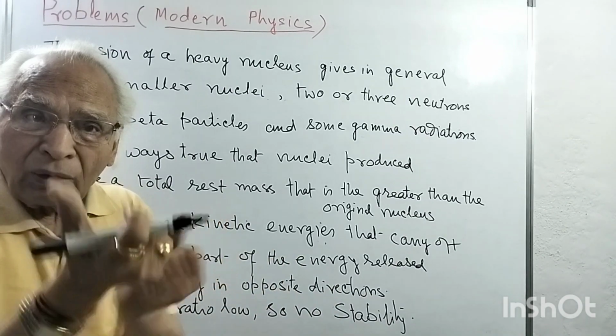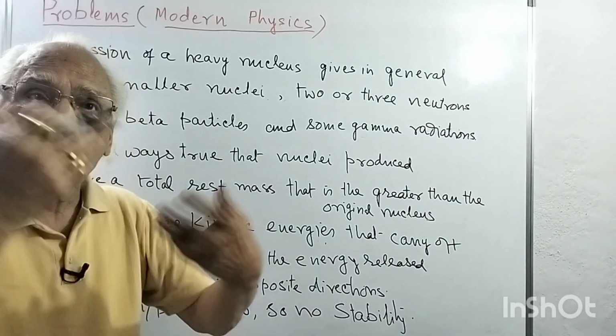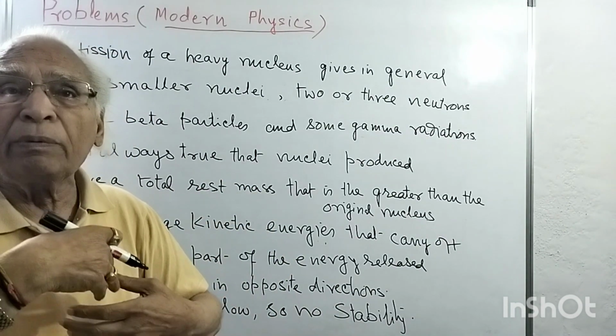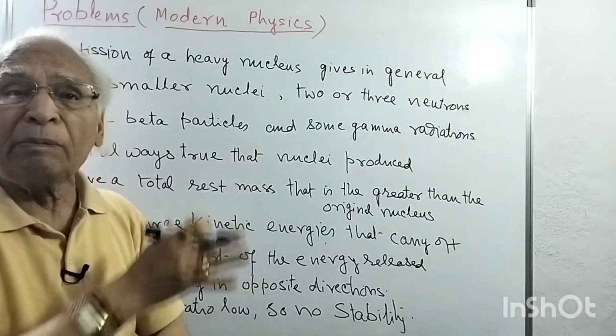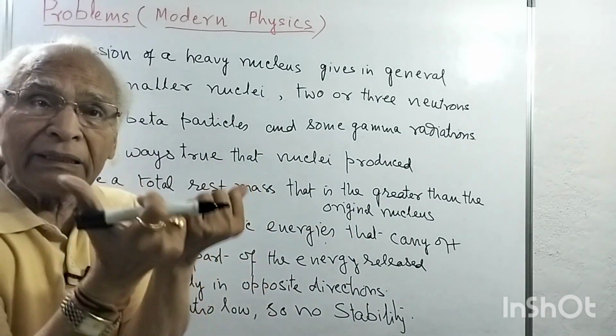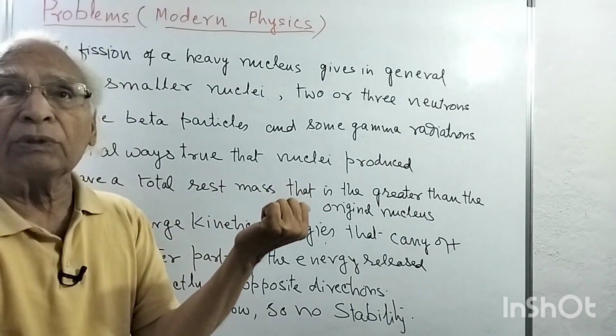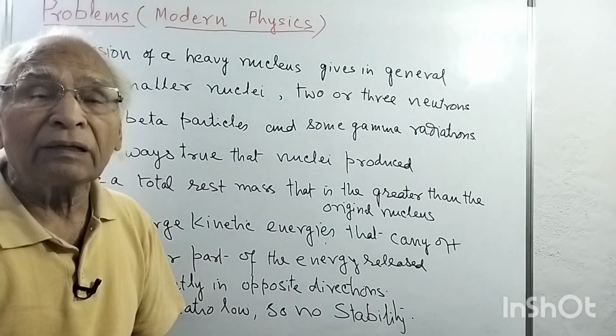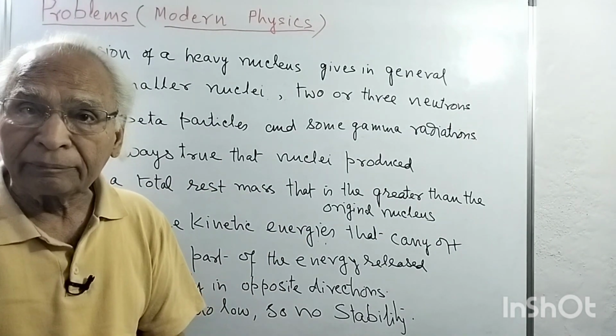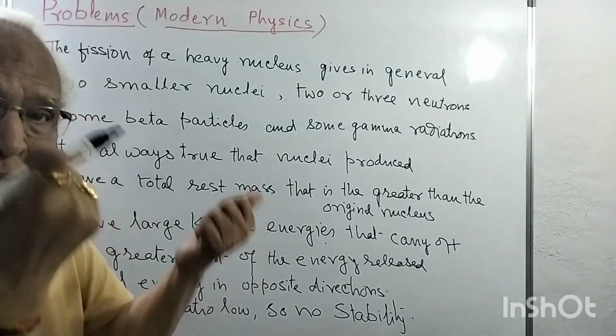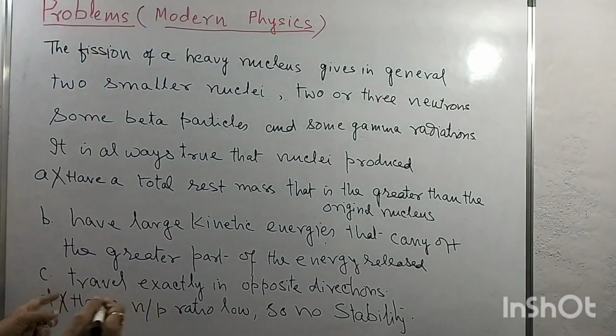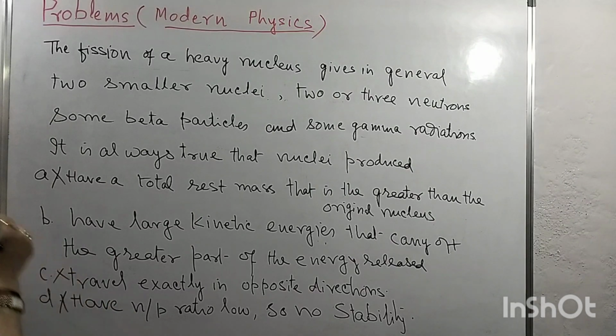It is moving in all directions because energy is produced and particles are moving in all directions. Total momentum will be conserved, no doubt, but why should the fission fragments move opposite to each other? Because there are other particles also for the conservation of momentum. So they can go in any direction. So this, that travel exactly in the opposite direction, may also not be true.